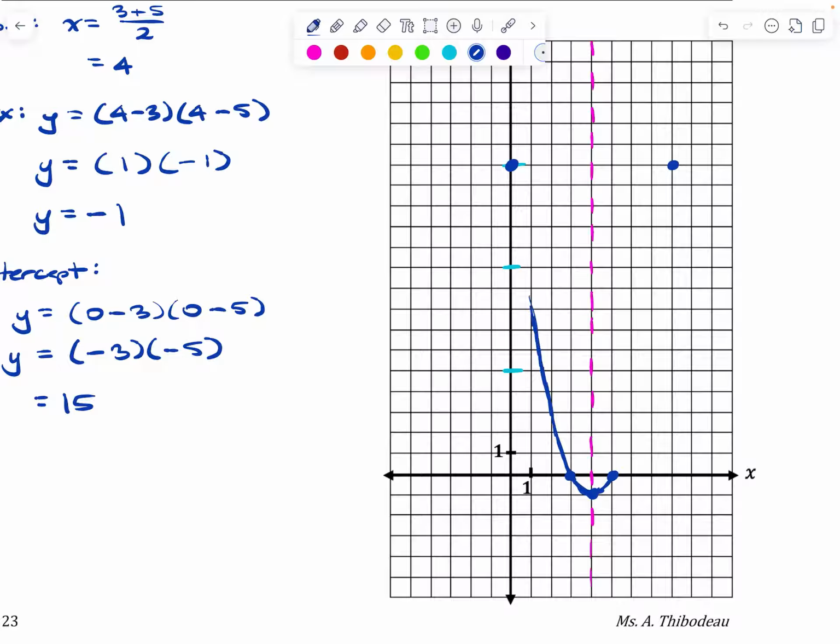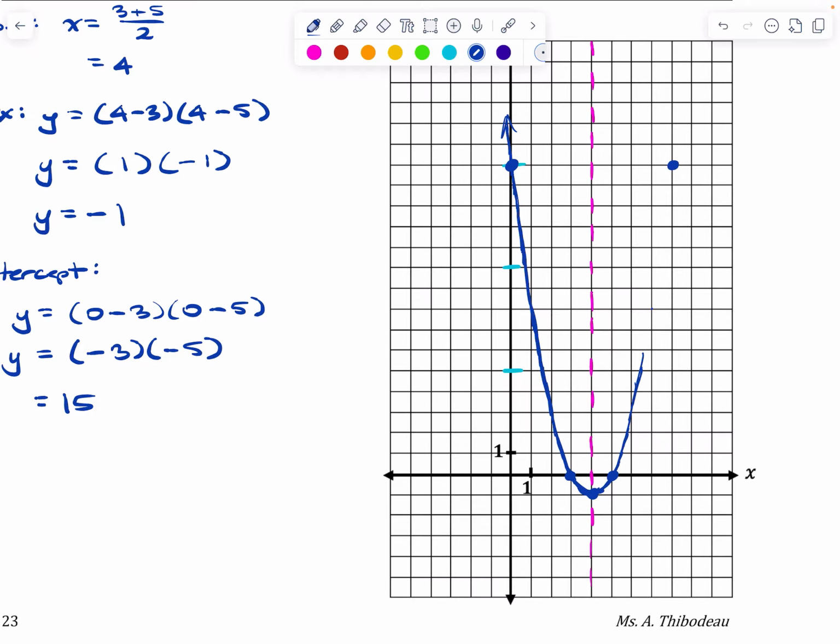Just graphing my parabolas. Arrows at the end to say it does go on forever. Whoops.